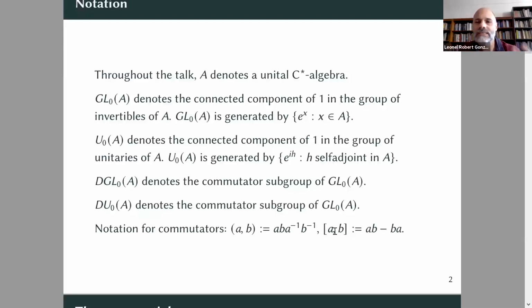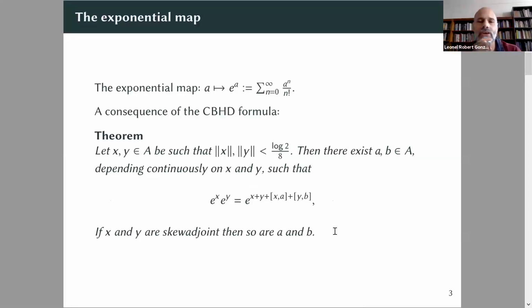So X brackets Y will be the linear span of the commutators, or the group generated by them. I can clarify that when it comes up.